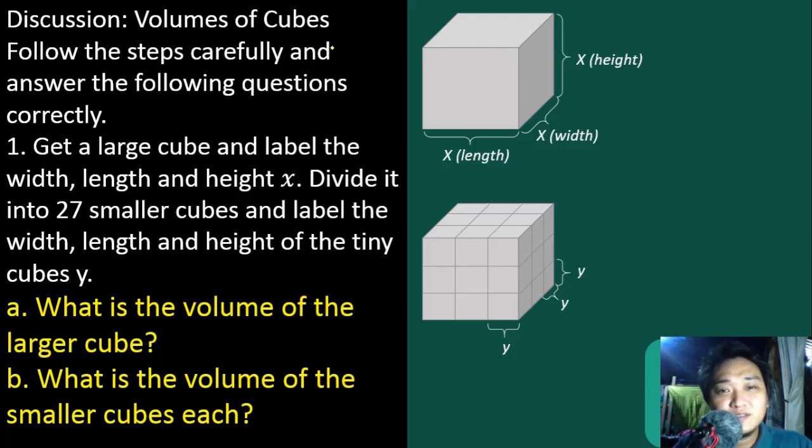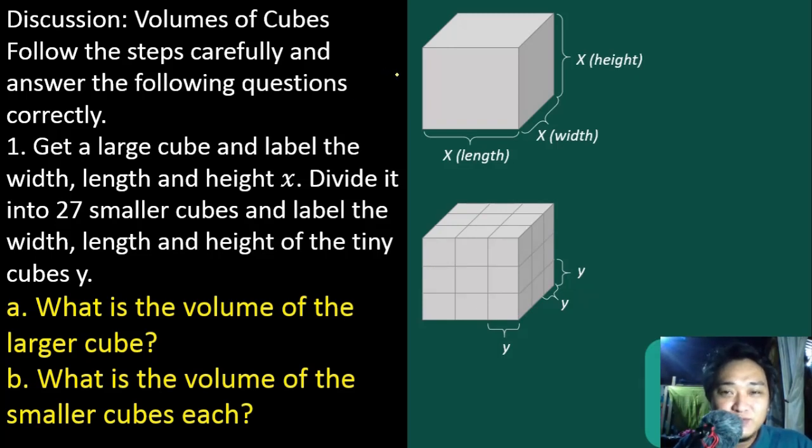For our next discussion, i-share ko naman sa inyo kung paano nire-relate yung sum and difference of two cubes sa mga volumes ng solids. So, in this case, we will be having the difference of two cubes.